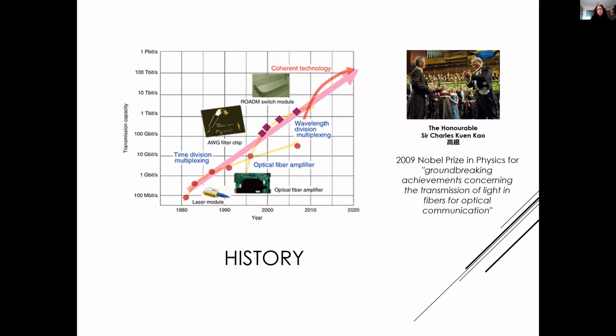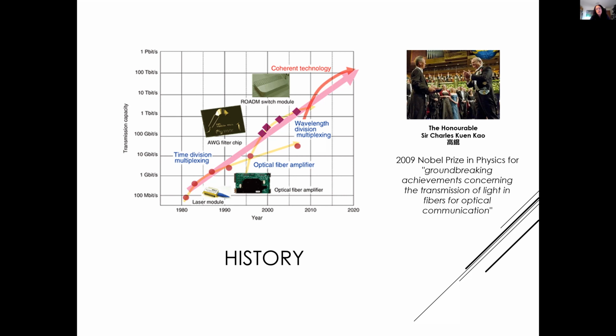That was the very first experiment that demonstrated that optical fibers are much better than copper cables. And that's why Kao received the Nobel Prize in 2009. Starting from that time, a lot happened.